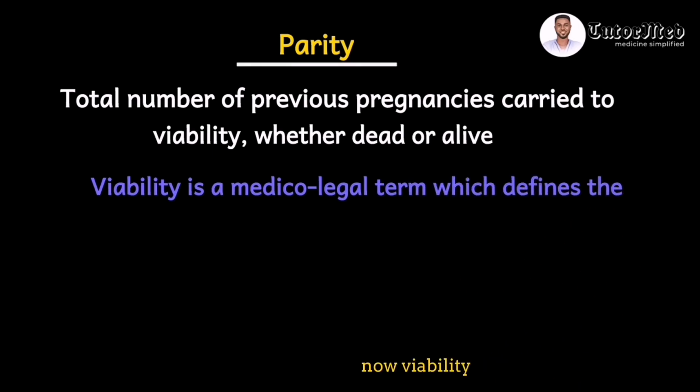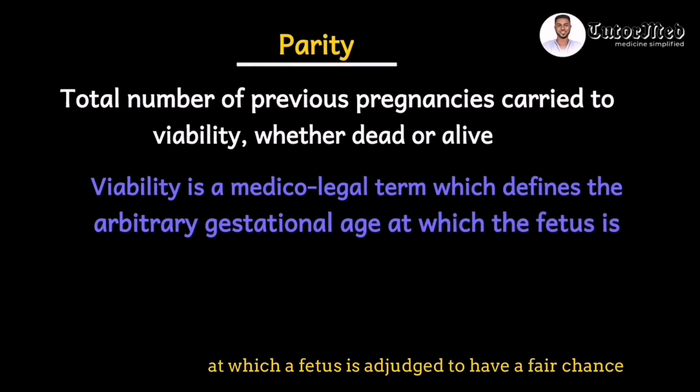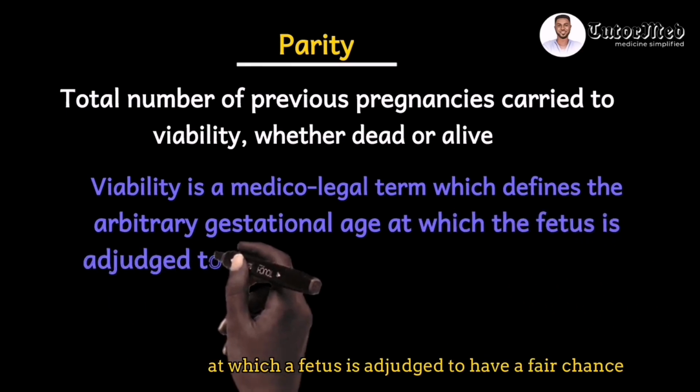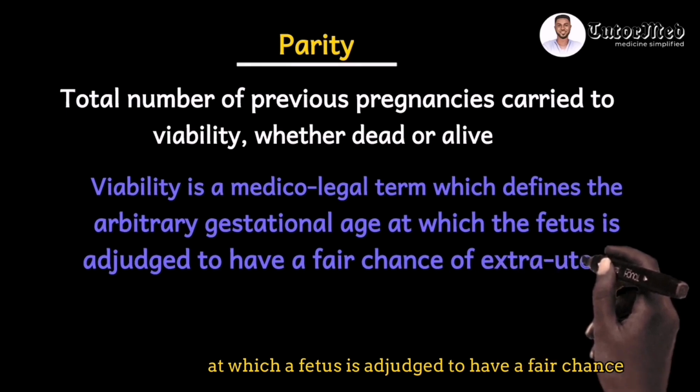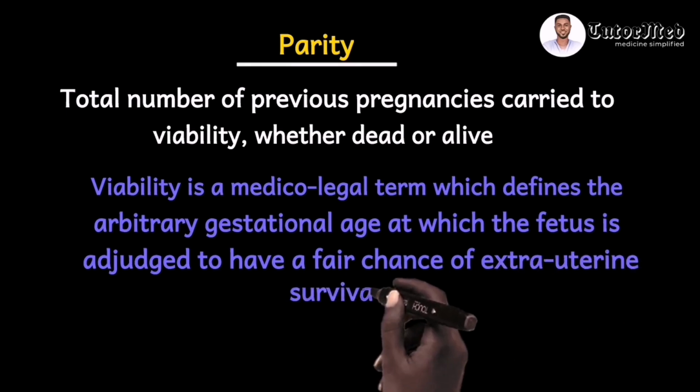Now, viability, otherwise known as the age of viability, is a medico-legal term which defines the arbitrary gestational age at which a fetus is adjudged to have a fair chance of extrauterine survival.